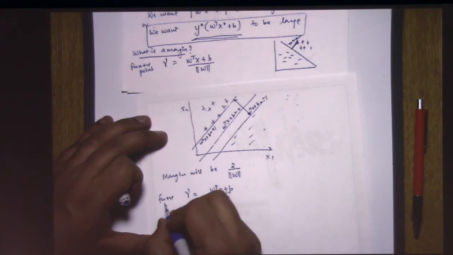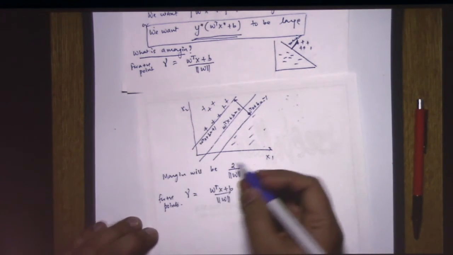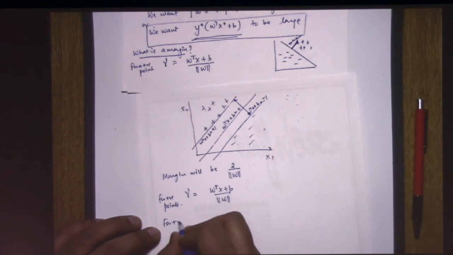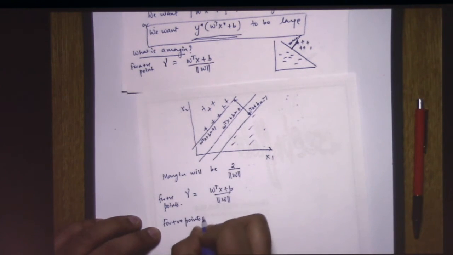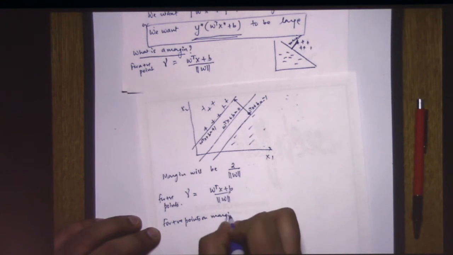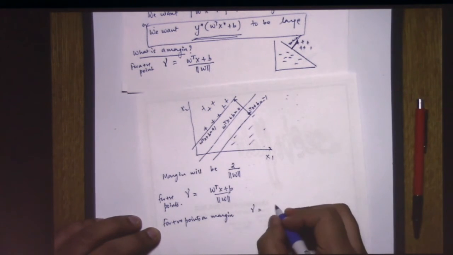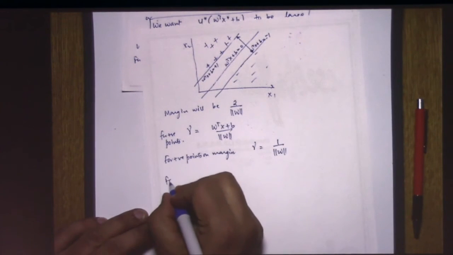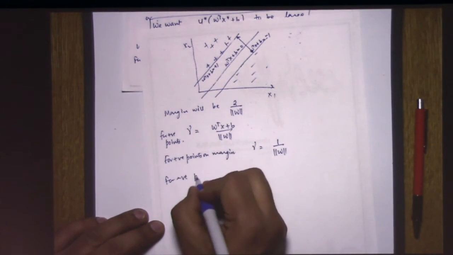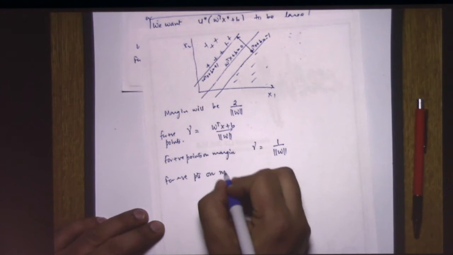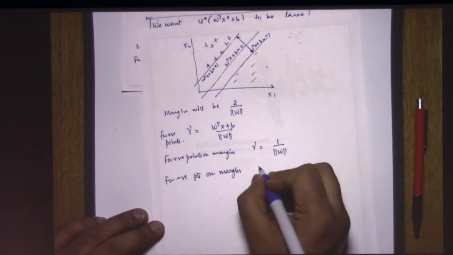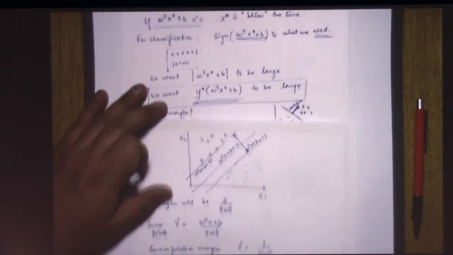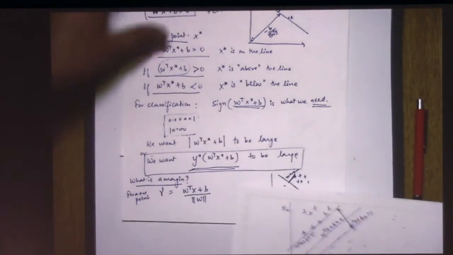But if they are on the margin, that means this value is 1. So for positive points on the margin, gamma will be 1 over the magnitude of w. And the same way for negative points on the margin, gamma will again be 1 over the magnitude of w, because for the negative point, the value is minus of this.